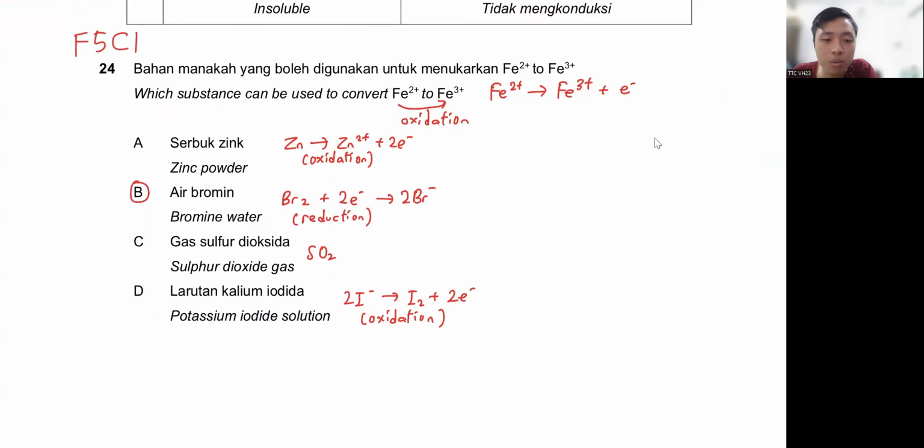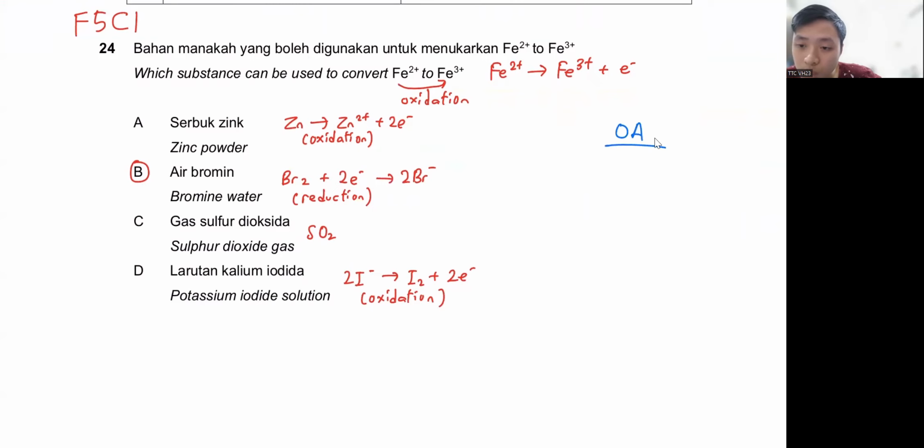Question 24 is B. This is from Form 4 chapter 1, oxidation. Now, you have to know this one undergoes oxidation. You have to remember there are 4 oxidizing agents you need to know. So which are the 4?